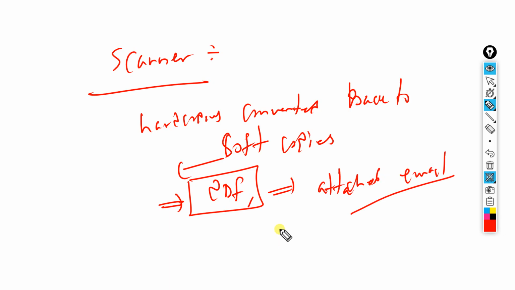And we can send it through WhatsApp, Telegram, Instagram. So whatever social media, we can share. Because hard copy is converted to soft copy, that is called scan. Okay, good.